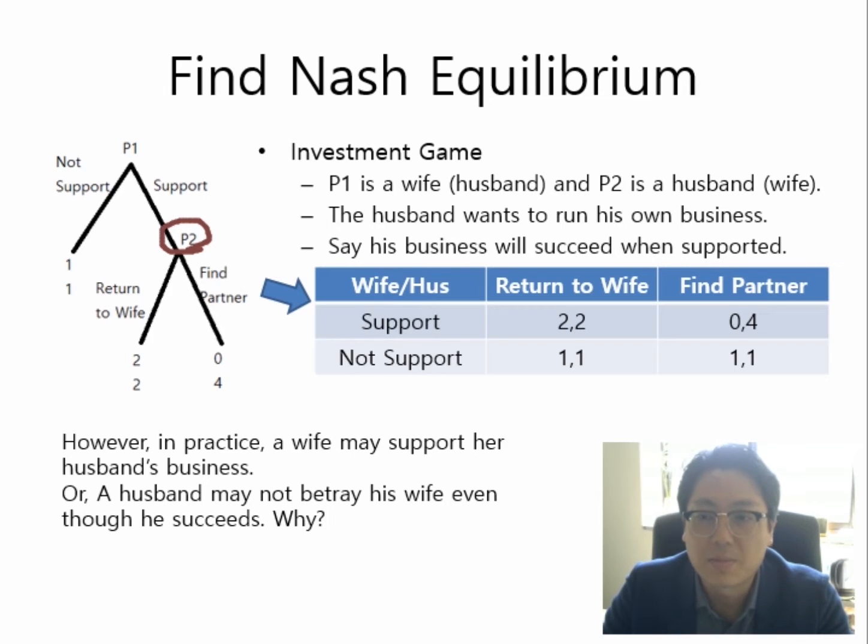Problem happens the next time. Maybe this husband, after succeeding, can return to his wife and live peacefully and thankfully. But after winning his business, maybe he can find another partner, maybe betray the wife.